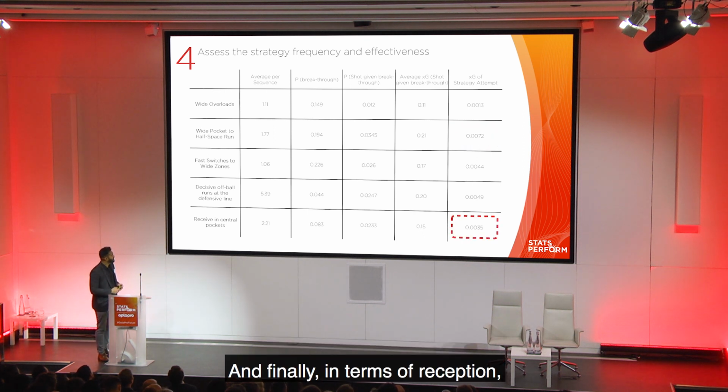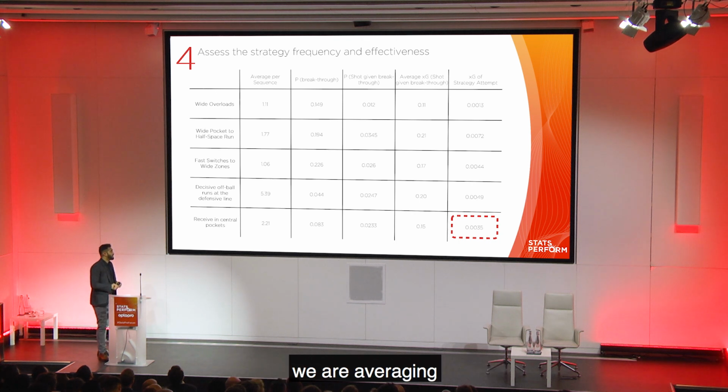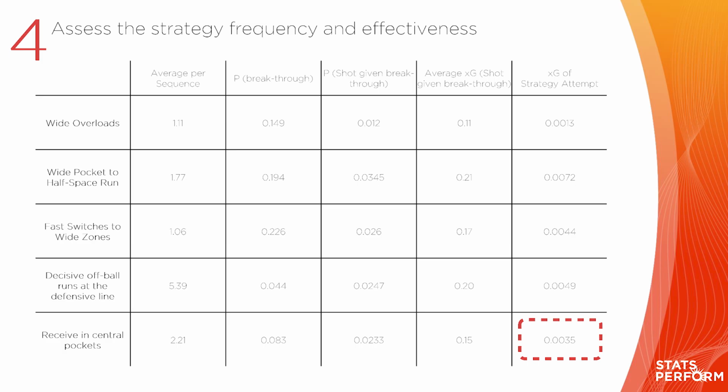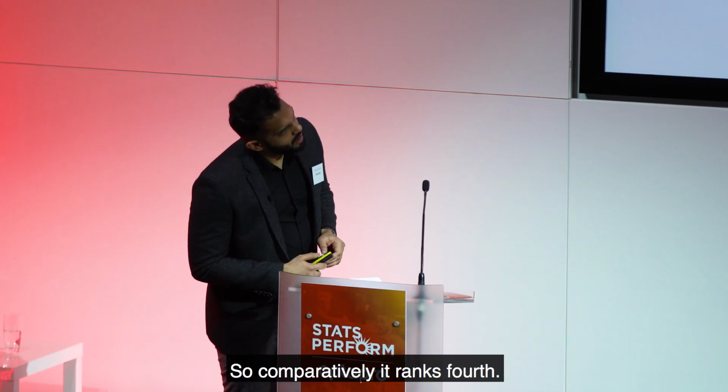And finally, in terms of reception, we are averaging more receptions in central pockets than the second highest, and then what does the XG look like for that? Comparatively, it ranks fourth.